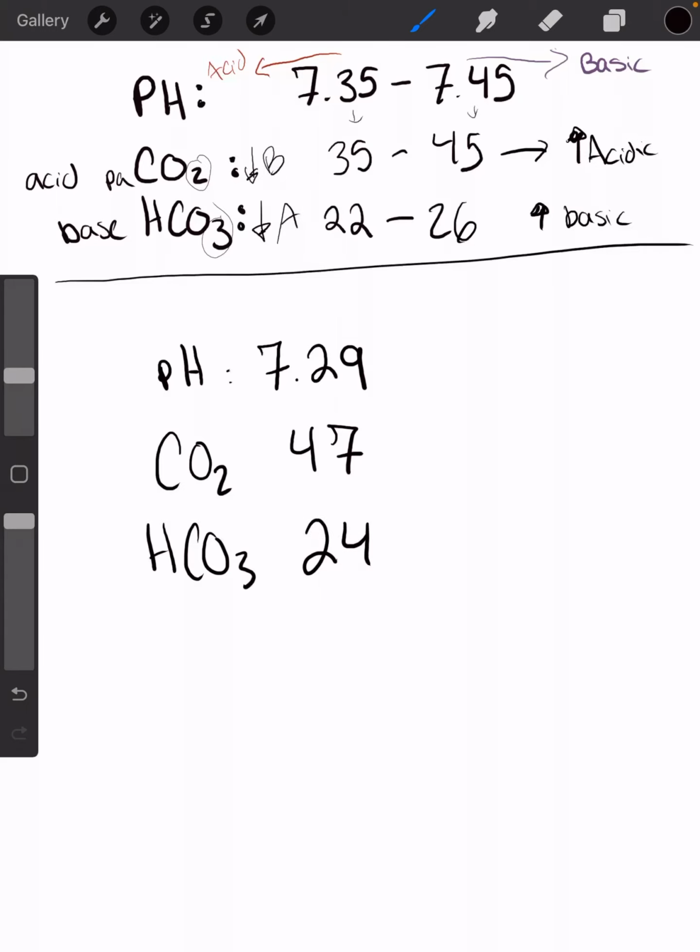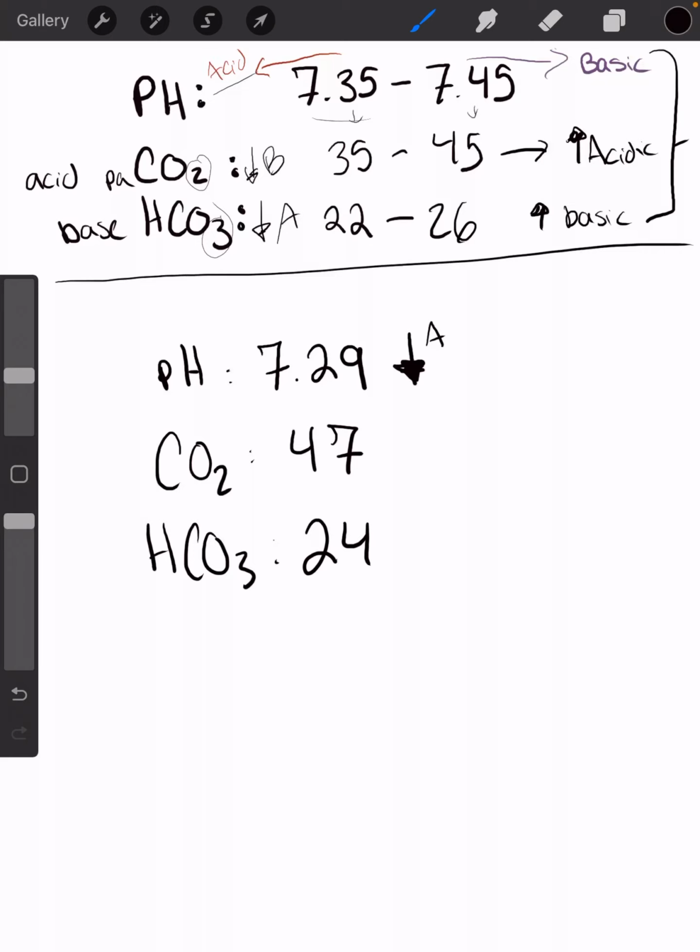All right, we have our problem, and guess what? We have our answer key up here because we wrote it out. So now all we have to do is match it. So 7.29, is that normal? No, it's low. So since it's low, it goes down. We know it's acidic. So this is low. Draw your little arrow. So that's acidic.